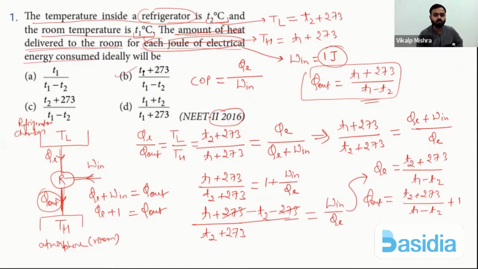So the answer is B. Everyone was saying B, not C. Answer is B: T1 plus 273 divided by T1 minus T2.